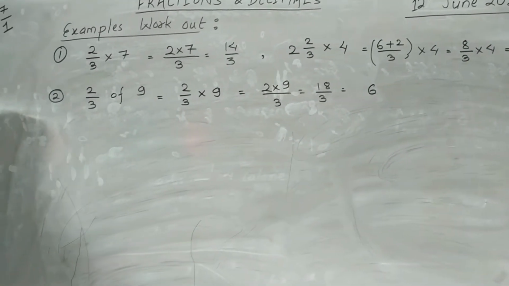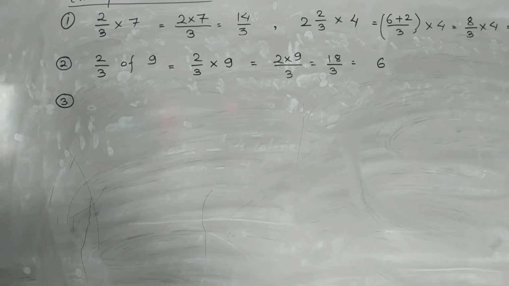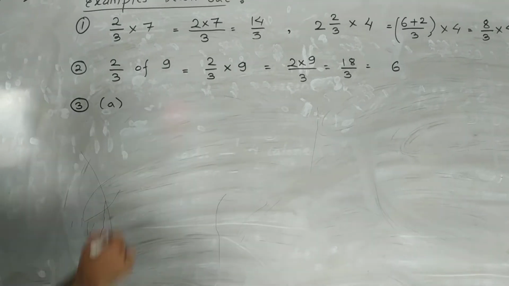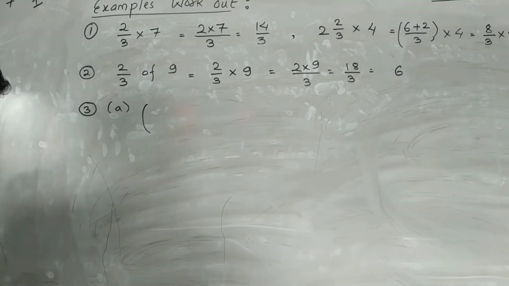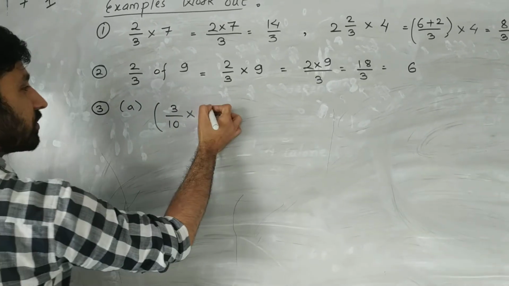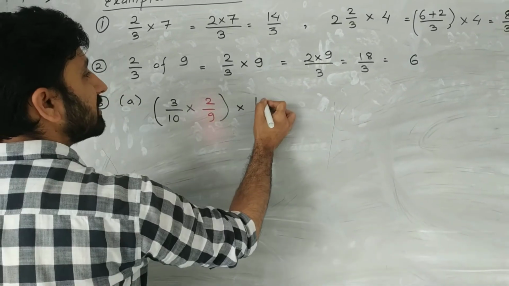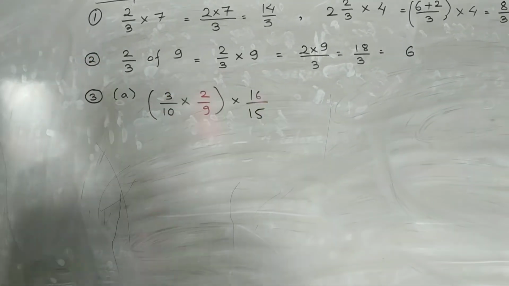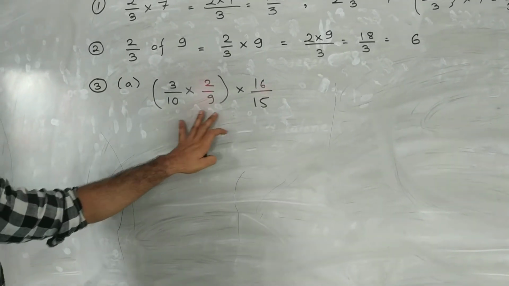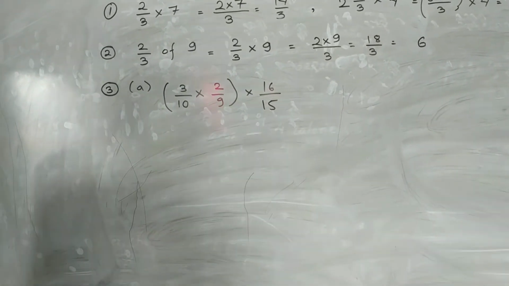Now let's move to the simplifications of the third kind, in which I have two problems, that have the introduction of a bracket. Let's multiply 3 by 10 into 2 by 9, bracket close, into 16 divided by 15. What we do in these types of multiplication is we cannot just randomly multiply. We have studied the Bodmas rule.